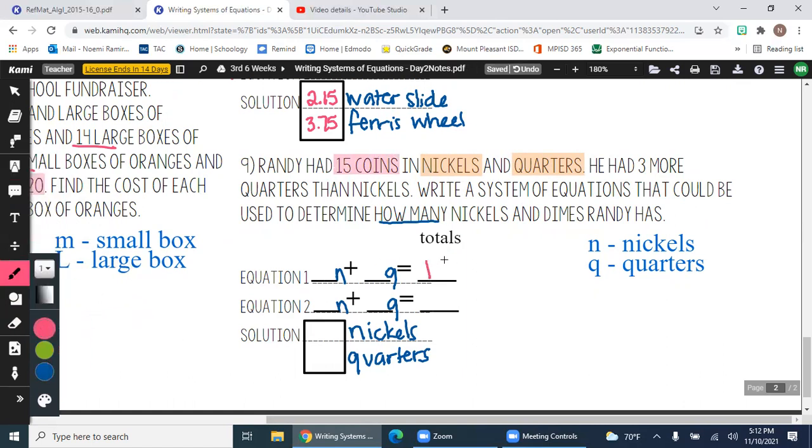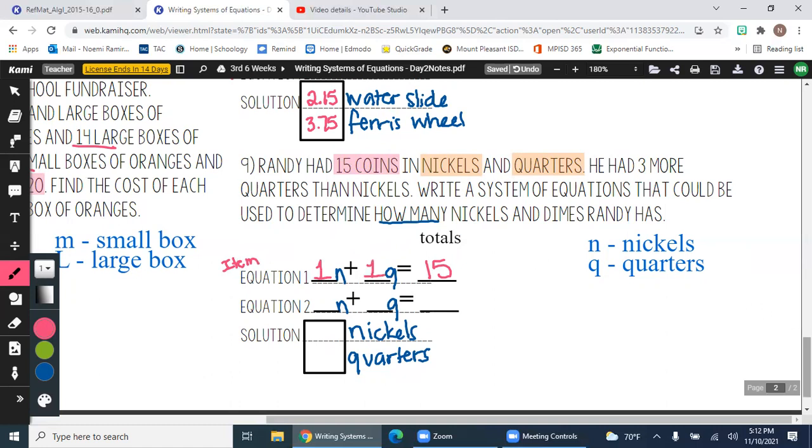Think about this. Even though we've been attaching a dollar amount, 15 is not something that has a dollar sign in front of it. We're talking about an object. We're talking about coins. So this is an item. So this one is 1 and 1.